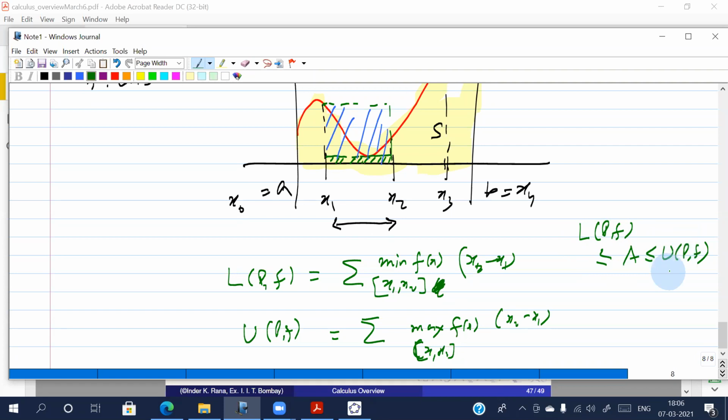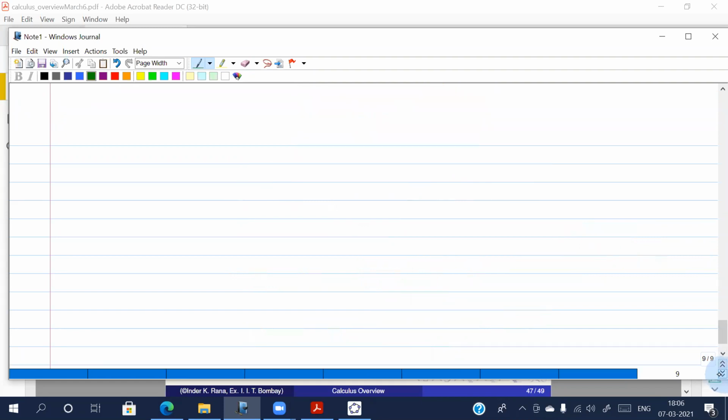Now, but these are only approximations. How to make it finer and finer, better and better? The idea comes from adding more and more points in between. So the idea comes from taking a sequence Pn of what are called refinement partitions.